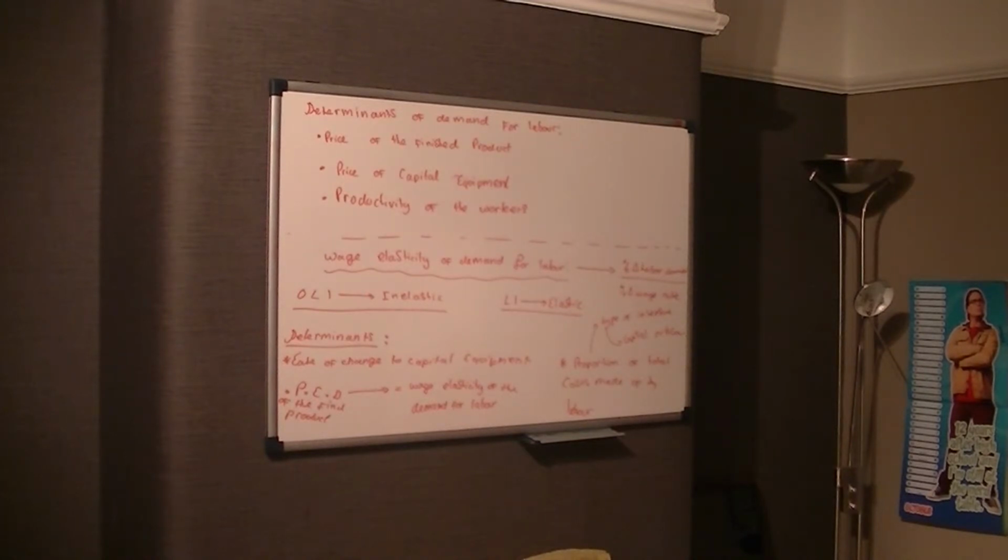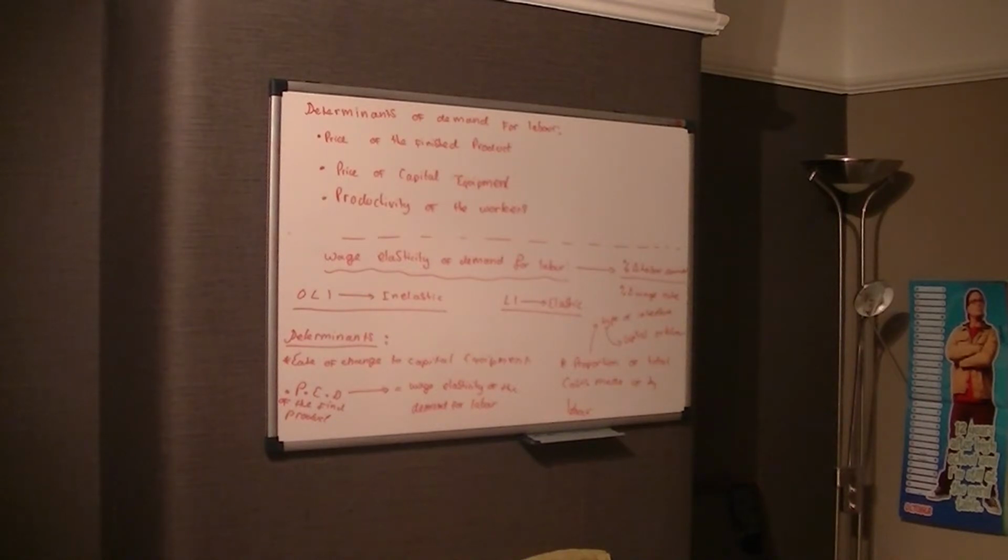Then we also said how easy it is for them to switch to capital equipment. So the determinants of demand for labour include the price of capital equipment, because firms will want to make as much profit as possible. So if it's cheaper for them to use capital equipment, they will.